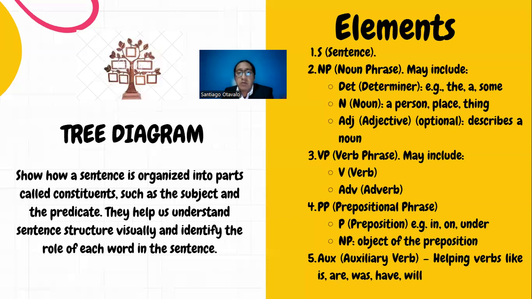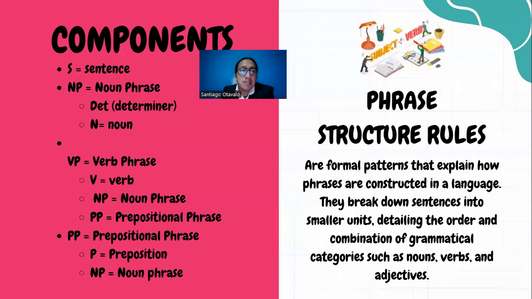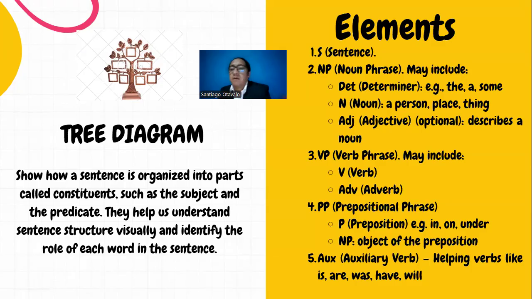It is important because it helps us to understand the sentence structure visually and identify the role of each word in the sentence. The elements for this tree diagram are the letter S. Okay, here we have the same components of the phrase structure, as you can see. But we are going to explain a little bit.